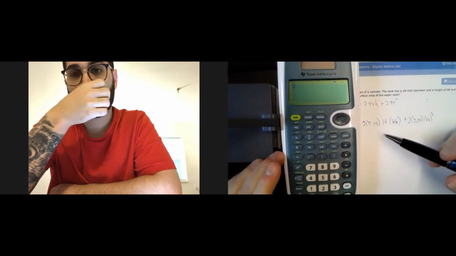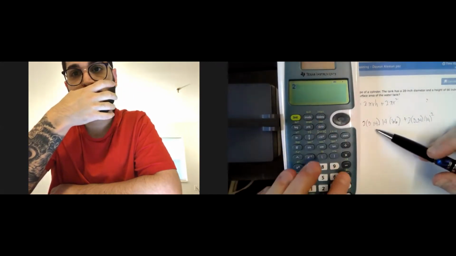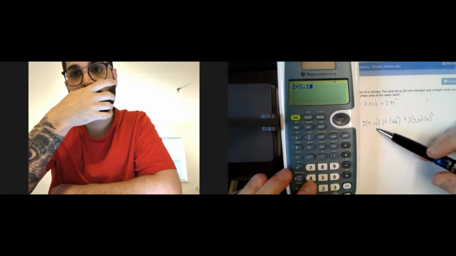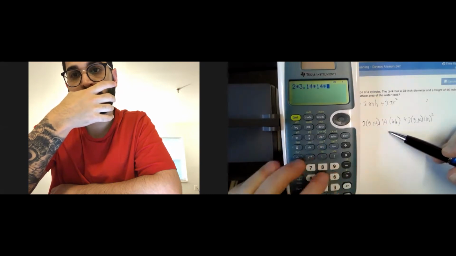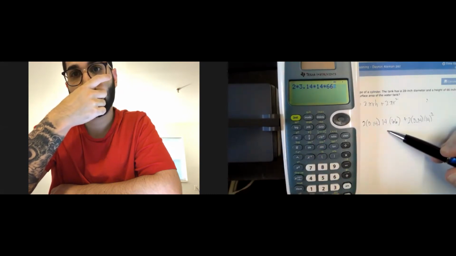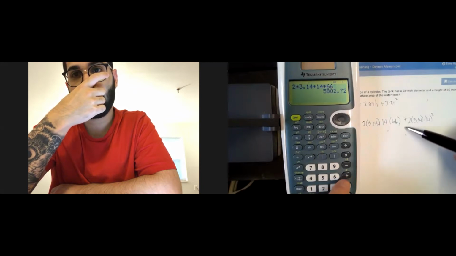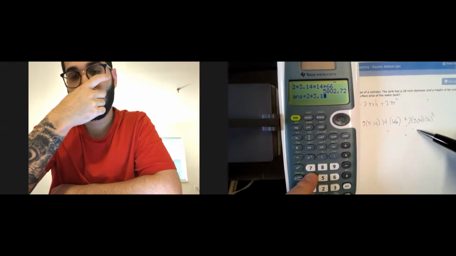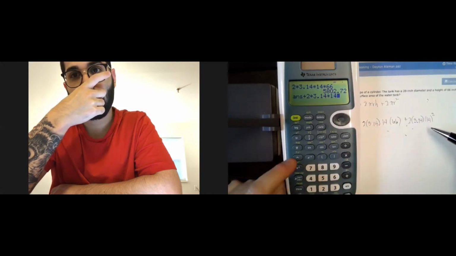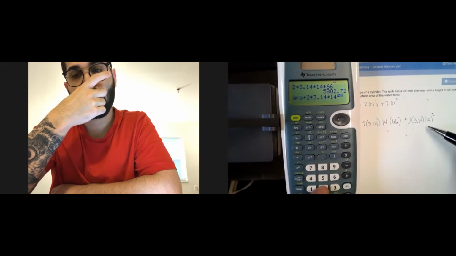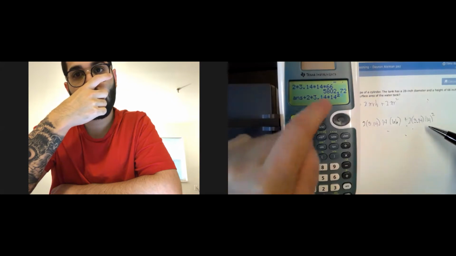So we're just going to start multiplying. 2 times 3.14 times 14 times 66, and we can say equals, plus 2 times 3.14 times 14, and then the little exponent button here, 14 squared, and you got to move that.